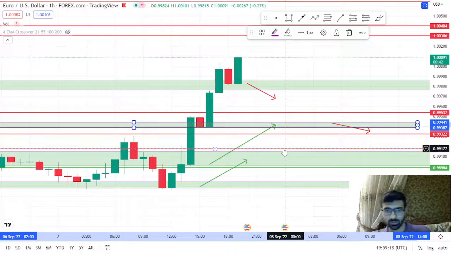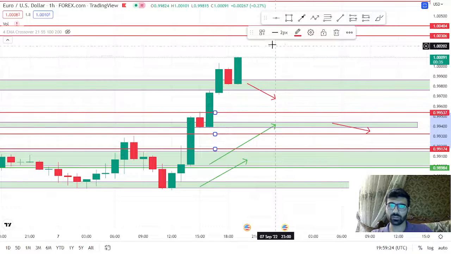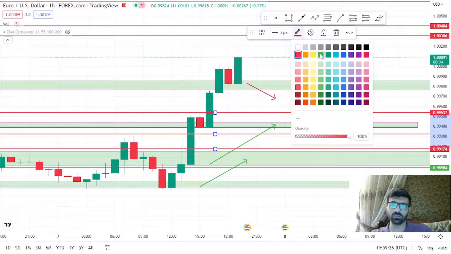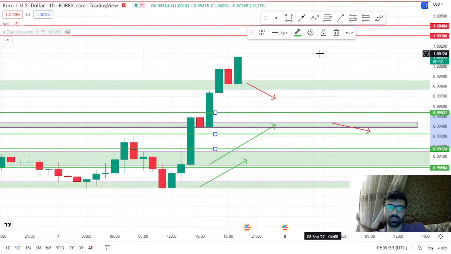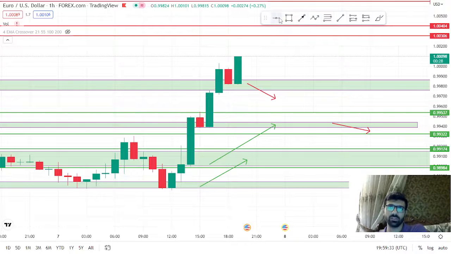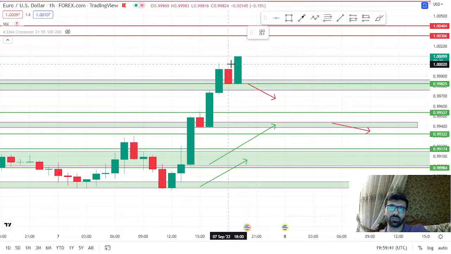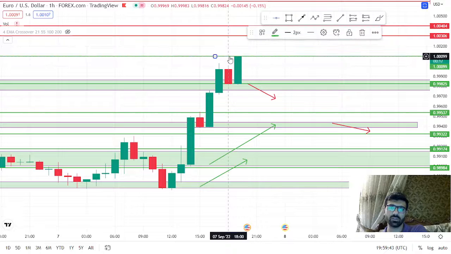All these selling areas are going to turn into support areas. So we have our minor area of support over here, and our resistance area is here. Short-term resistance, obviously.